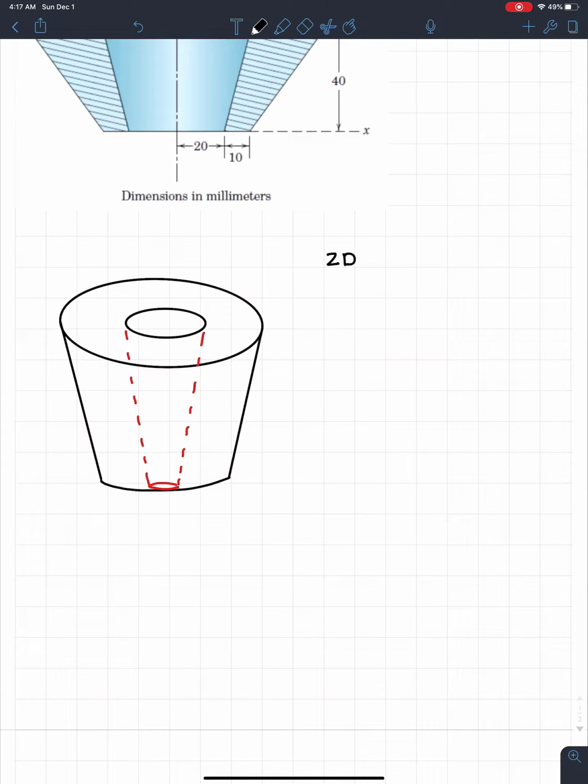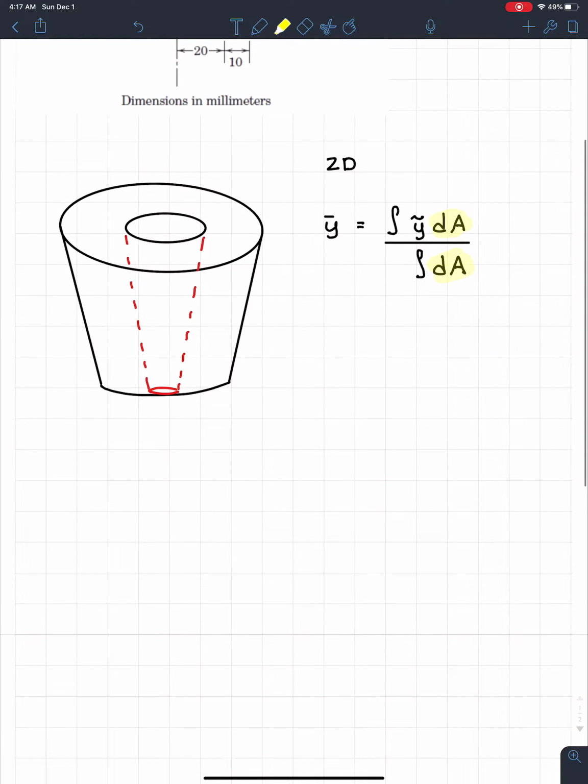So for a 2D shape, y bar is equal to the integral of y squiggle dA divided by the integral of dA. The main thing in this formula was dA, which is the area of our slice.